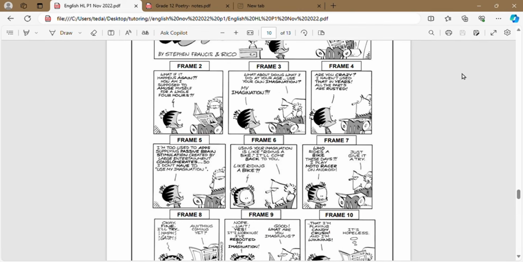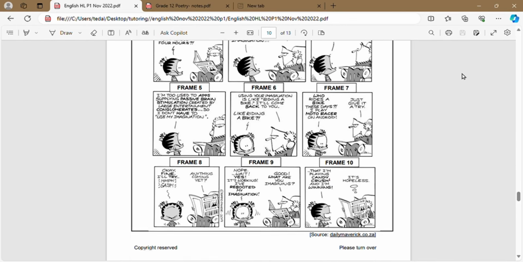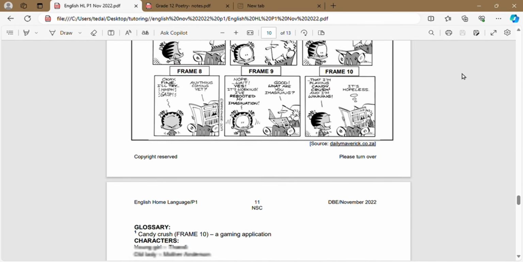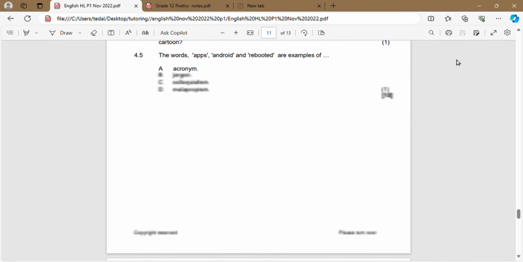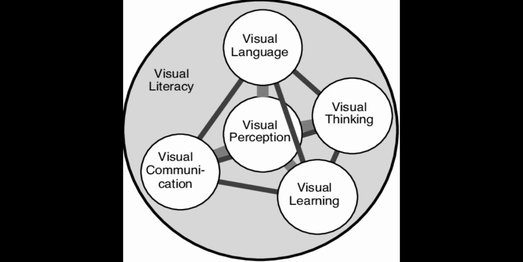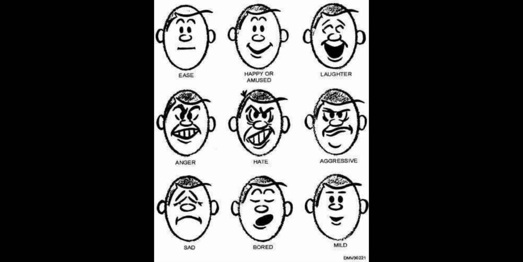Because everything in a cartoon strip speaks to what is happening or has a specific message that it is trying to portray. Like, for example, if they ask you for body language, what does the body language tell you about how this person feels about a specific thing? So you need to look at things like that. Body language, facial expressions, all of that.